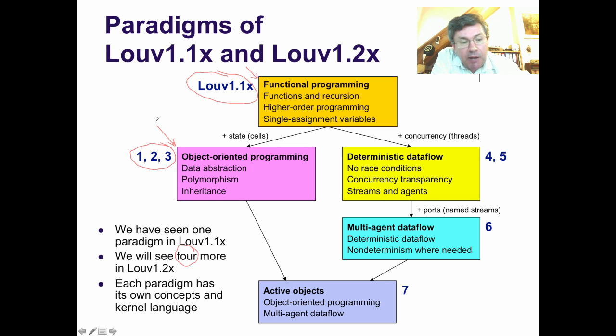This is a paradigm that is based on ideas from data abstraction. In lessons 4 and 5, we will see deterministic data flow. This is the simple form of concurrent programming that is so simple that we can program with the same good properties as functional programming. Then in lesson 6, we will extend this paradigm by adding what we call non-determinism where needed.